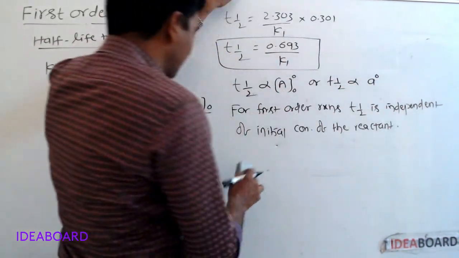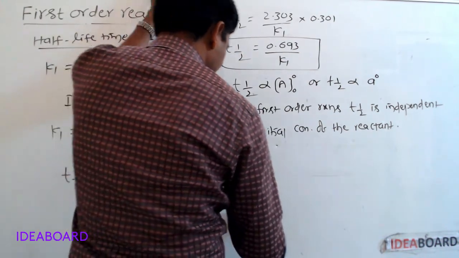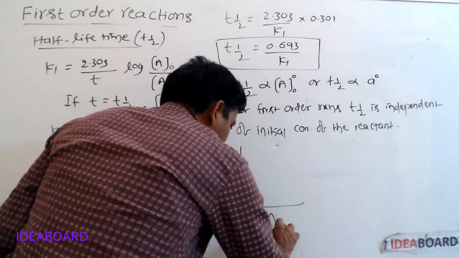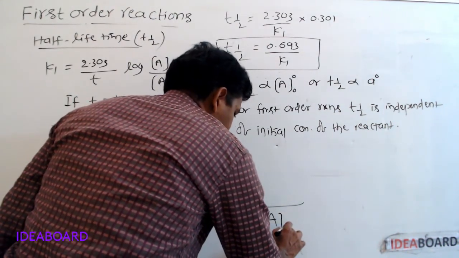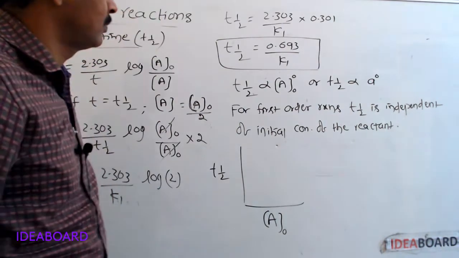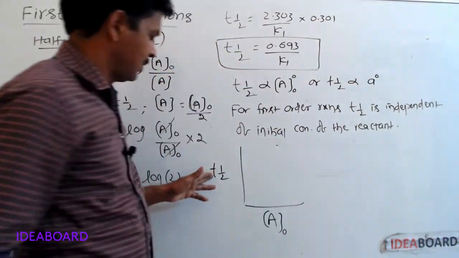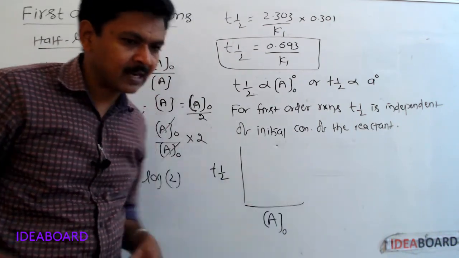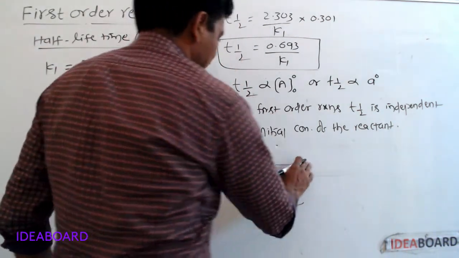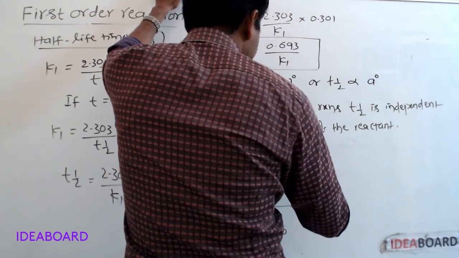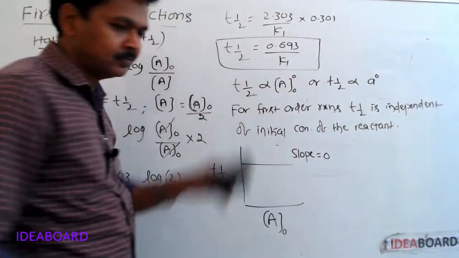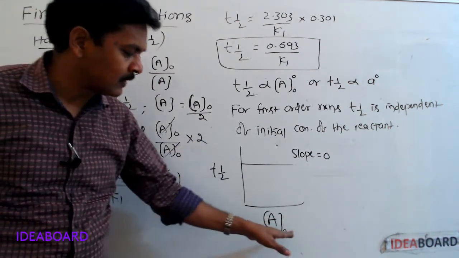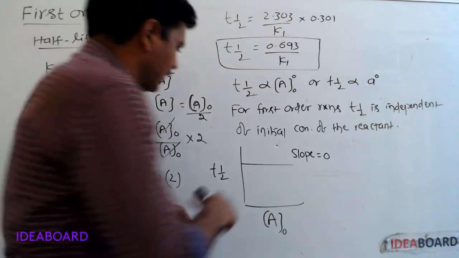When a graph is plotted between T half and initial concentration of reactants for first order reactions, we get a straight line.